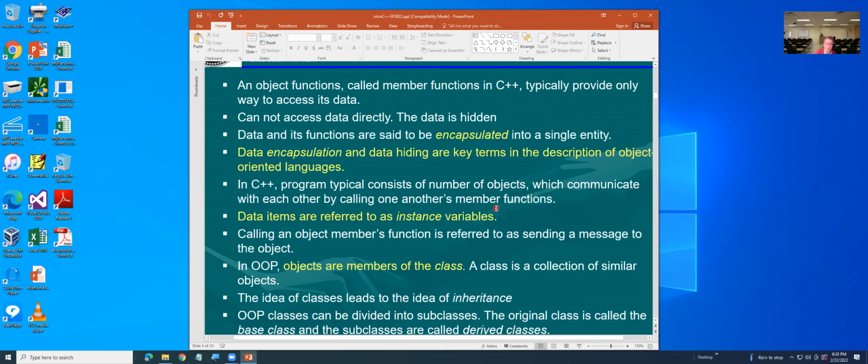That means every program can be divided into small programs that work together. Data items are referred to as instance variables.